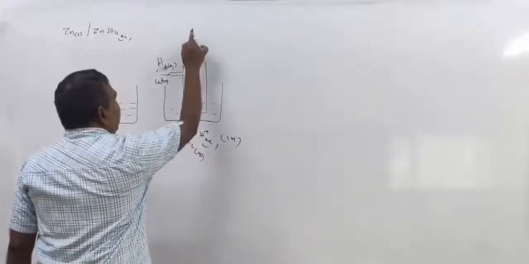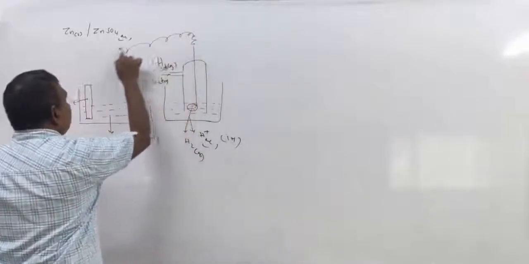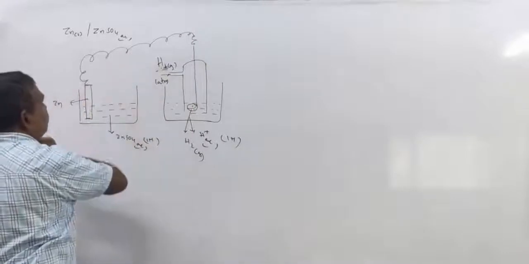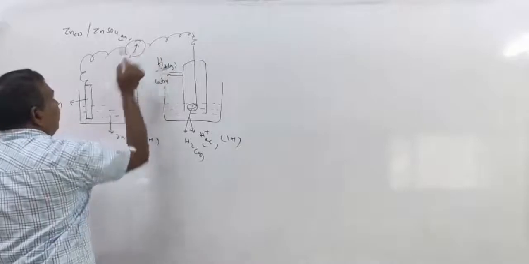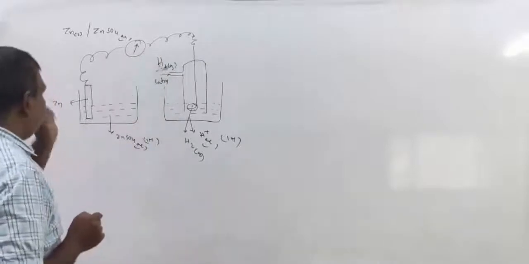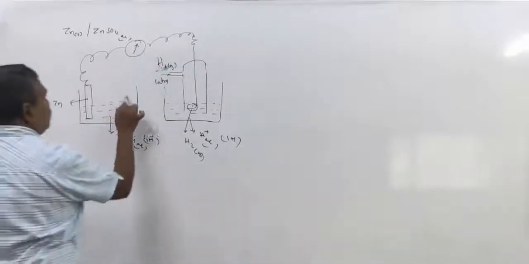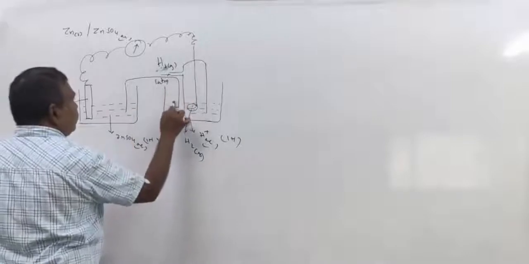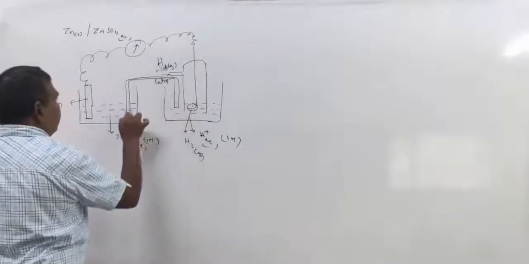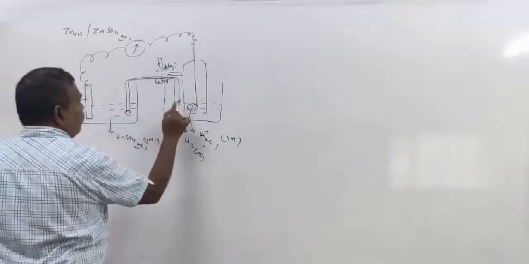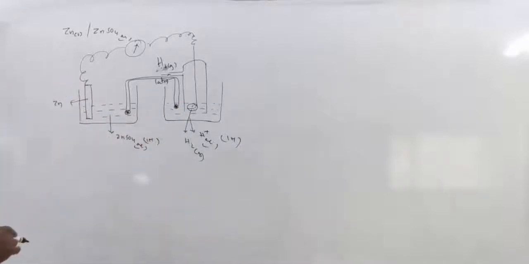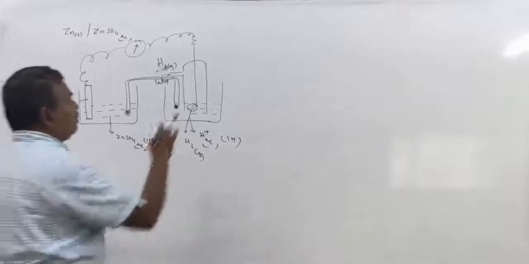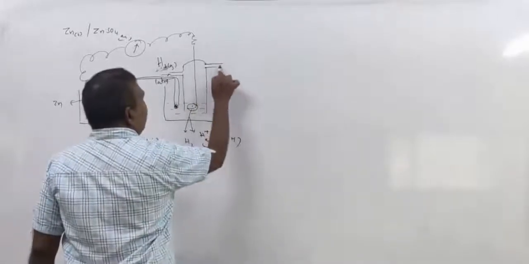This platinum wire is connected to zinc with a voltmeter, and this is a salt bridge.